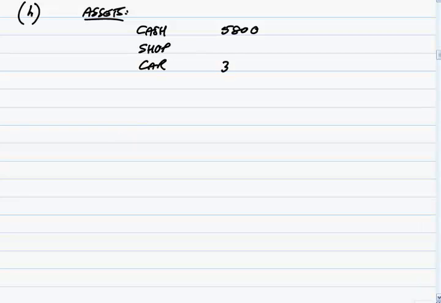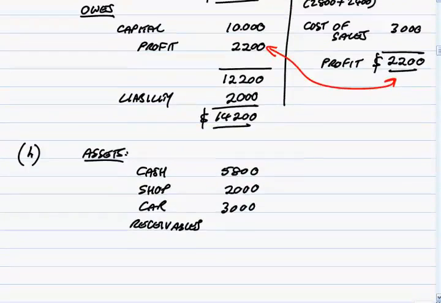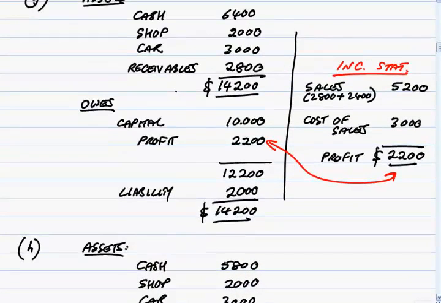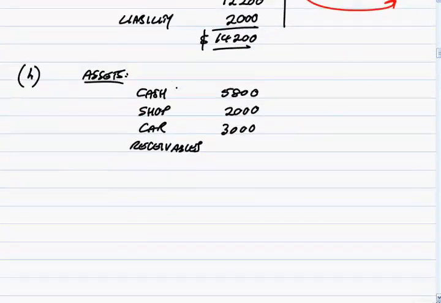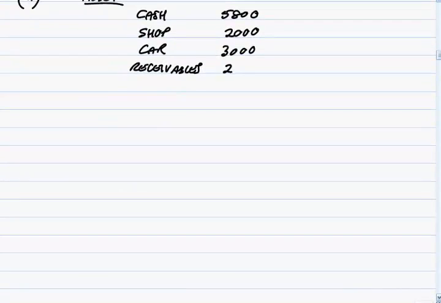The car was 3,000. The shop was 2,000. And of course we've still got receivables. There we are. The purchaser of those goods still owes us 2,800. So the total assets, 7, 10, 12, 13,600.